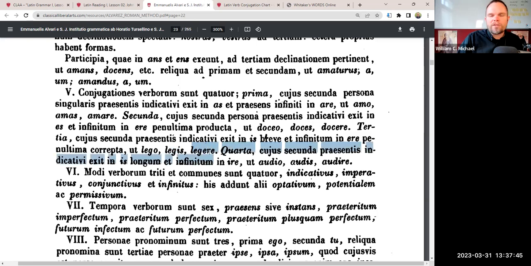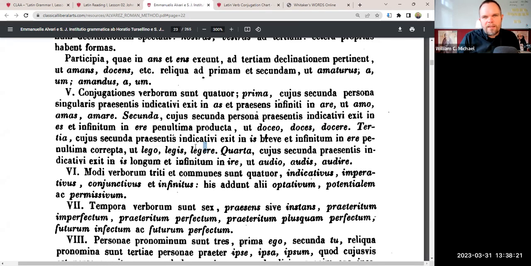Legere. Notice also the pronunciation. When I showed you docere, I said we accent the second to last syllable. We accent that first e. We say docere because it's long. In the third conjugation, we don't do that. That's not how it's pronounced, because that second e, the second to last e, is short. So it's legere, with the accent on the third to last syllable.